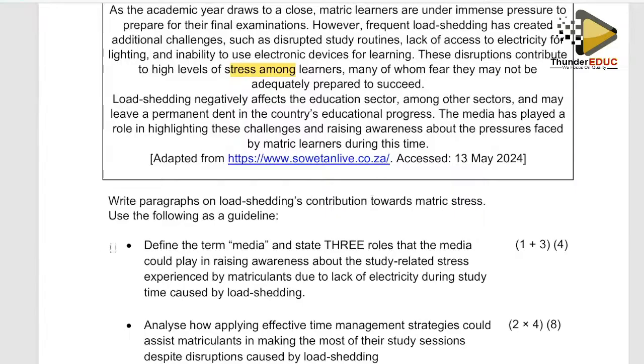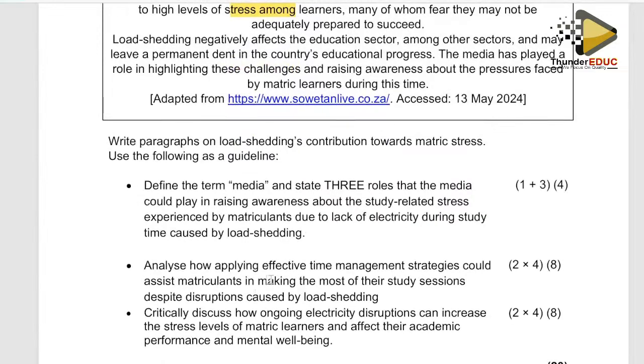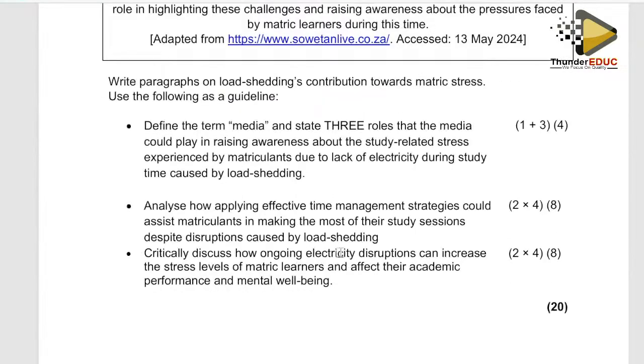So write paragraphs on load shedding's contributions towards matric stress. Use the following as a guideline. Define the term media. State 3 roles that the media could play in raising awareness about study-related stress experienced by matriculants during load shedding. Then the second part, analyze how applying effective time management strategies could assist matriculants in making the most of study sessions, despite disruptions caused by load shedding.